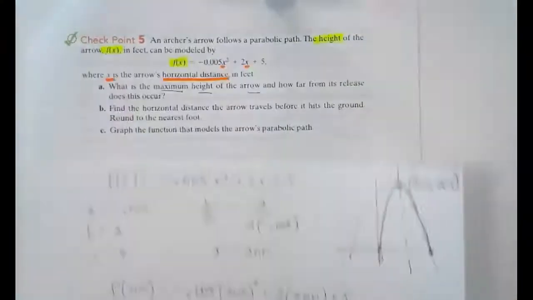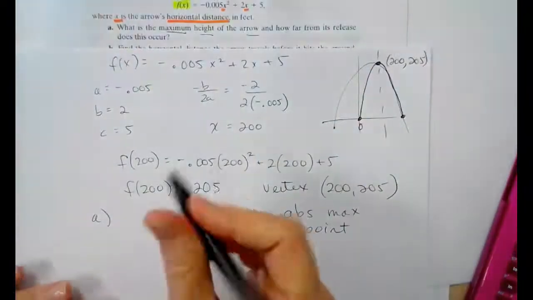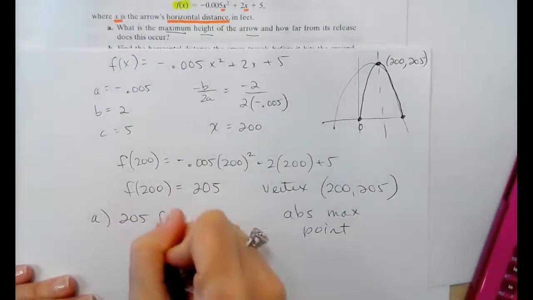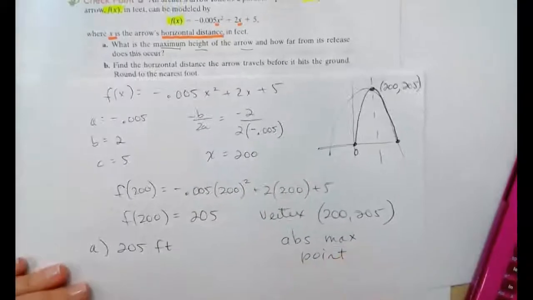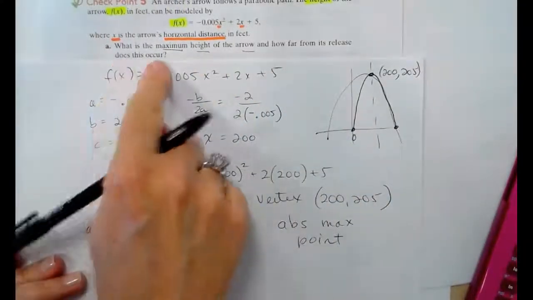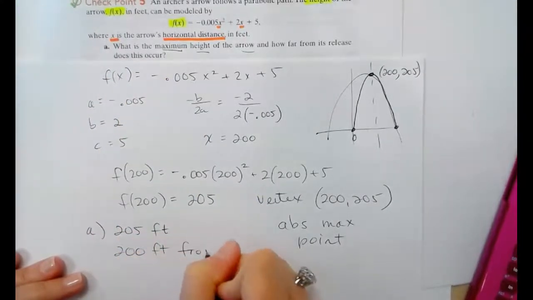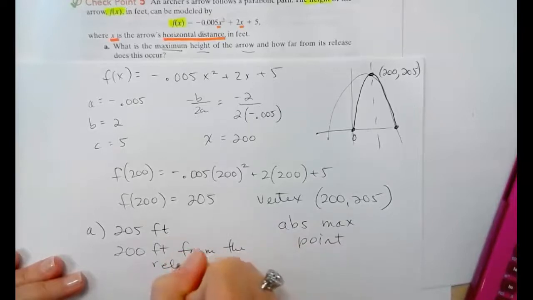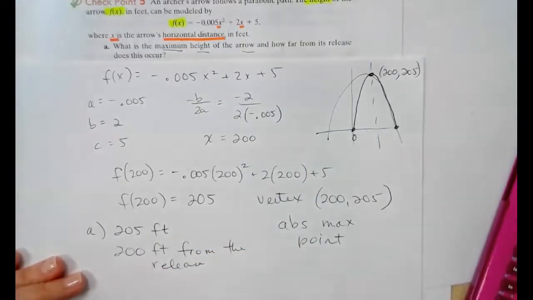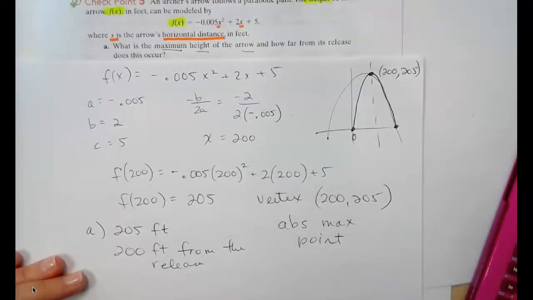So A, what is the maximum height? The maximum height is 205 feet. And how far from its release does this occur? It occurs 200 feet from the release. All right, so there is A.